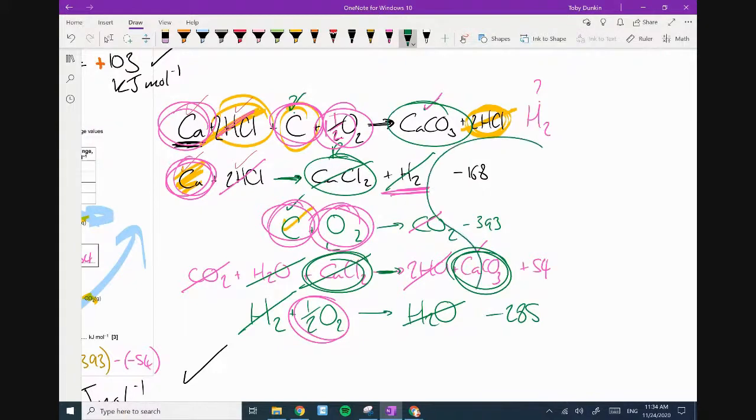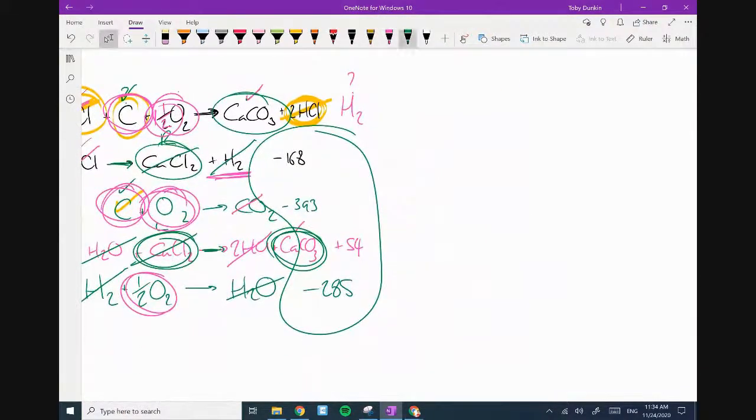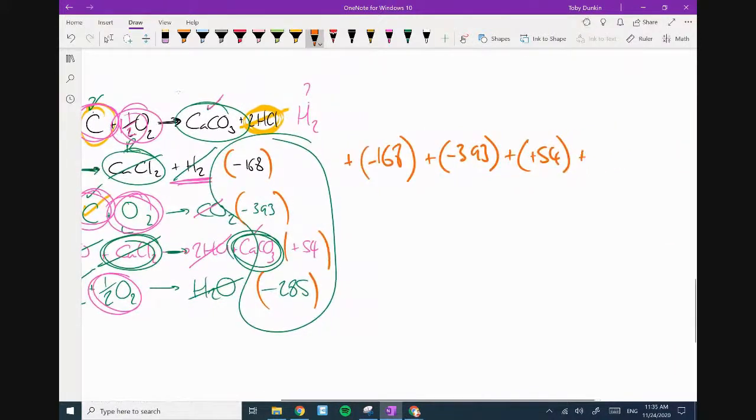Right, so all I now have to do is add those numbers together. Quite literally, bracket everybody, and then put a plus in front of all of them and add them together. So plus brackets minus 168, plus brackets minus 393, plus brackets plus 54, plus brackets minus 285.